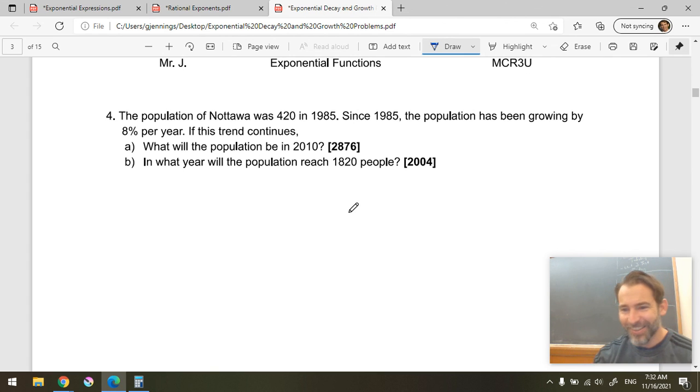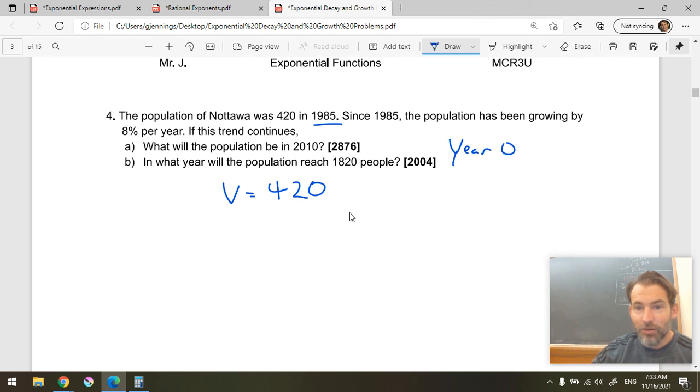And here we go. The population: the initial value is 420 in 1985. Usually we would set that as year zero. Year zero equals 1985. It grows by 8% per year.